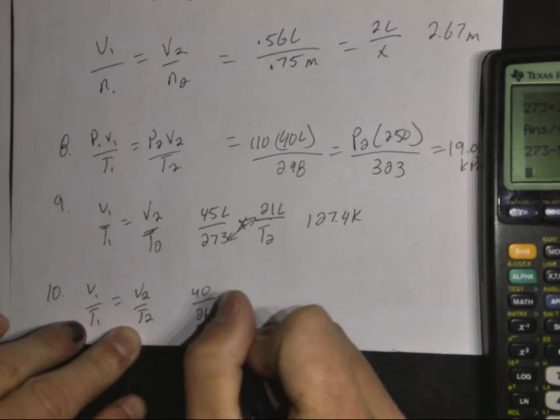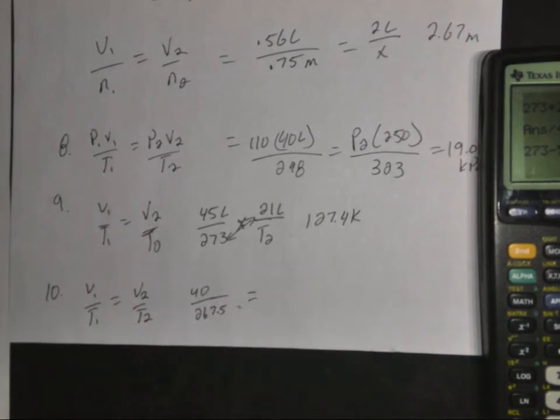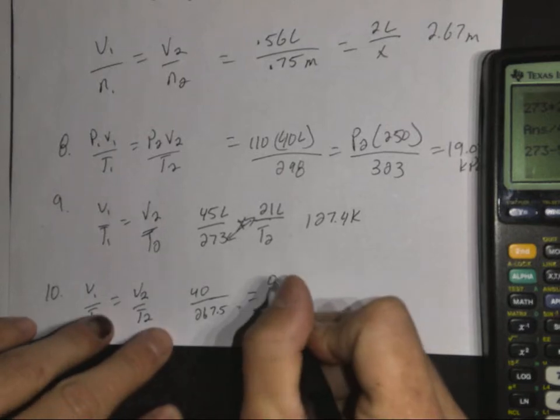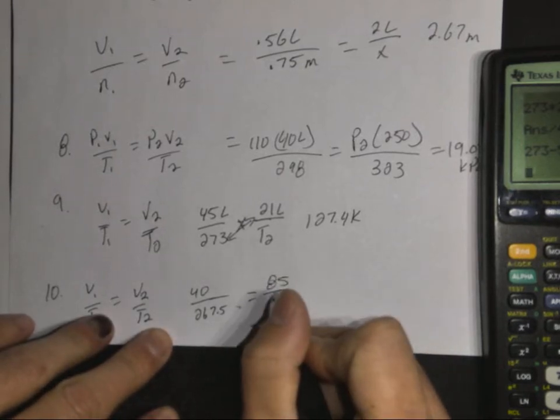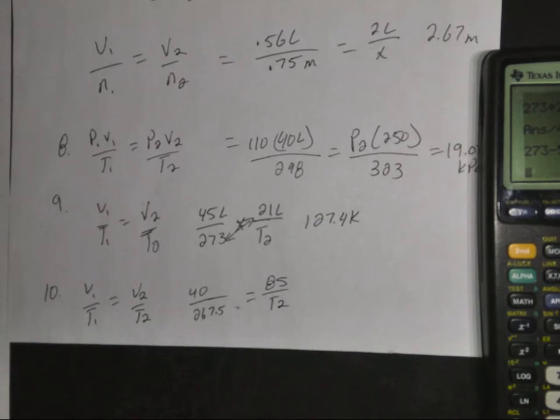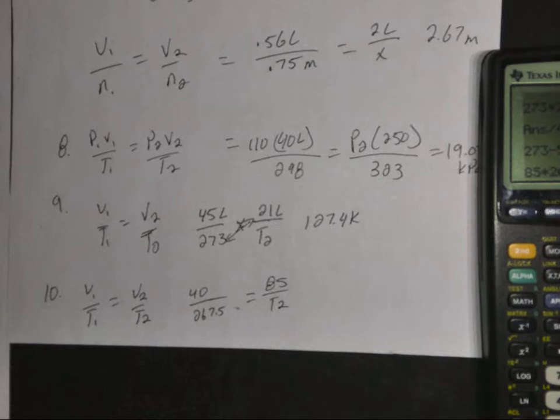So we get 267.5. It says if the volume increases to 85 liters, what is the change in the temperature? So we're solving for T2. We do 85 times 267.5, and then divide that by 40.